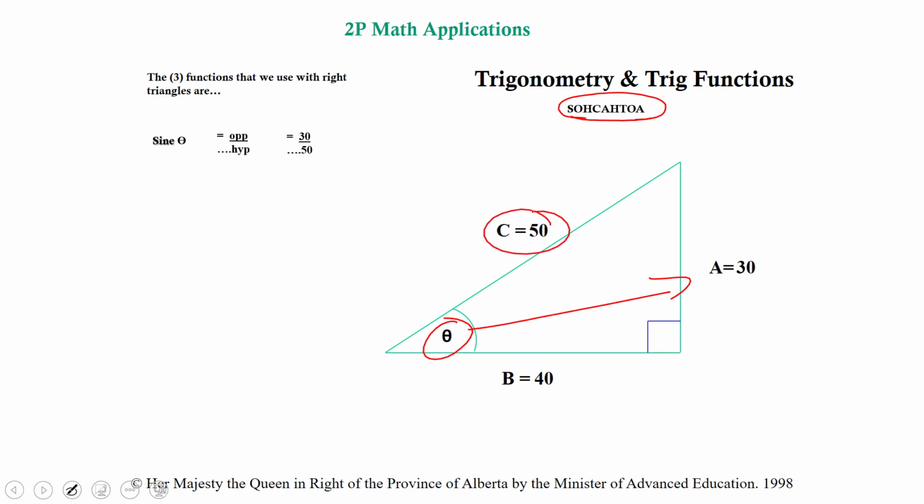So when I take 30 and divide it by 50, I get 0.6. So sine of angle theta is equal to 0.6. And if I want to convert that to an angle, the calculator knows that if I've used the sine ratio and I get 0.6, it is always going to correspond to 36.87 degrees.